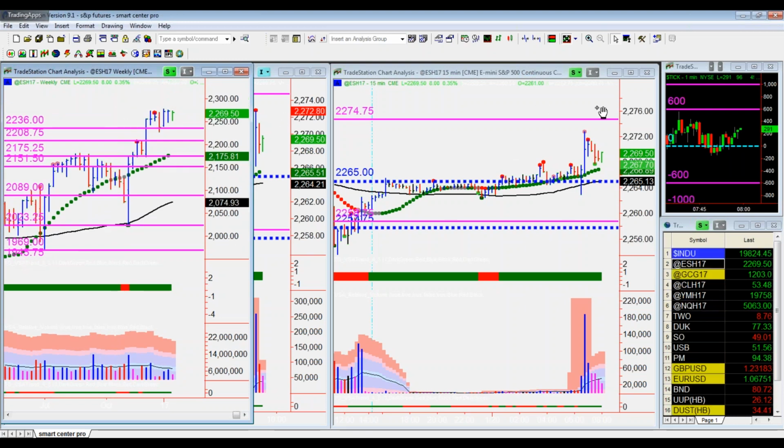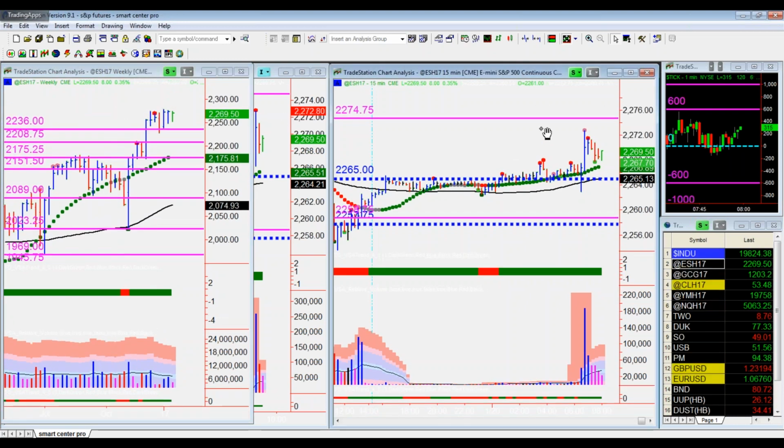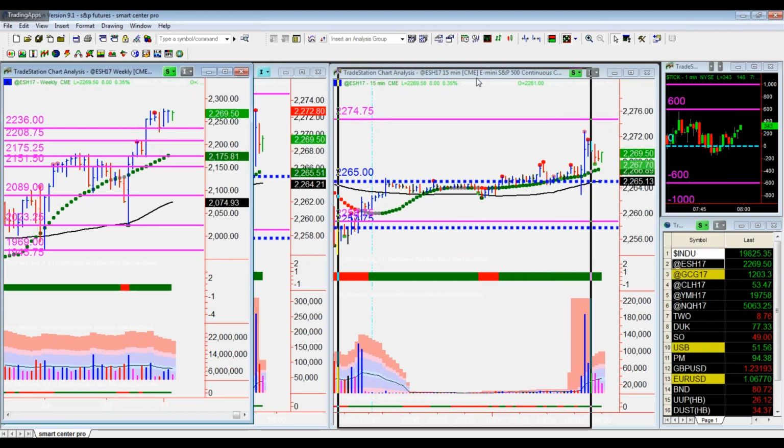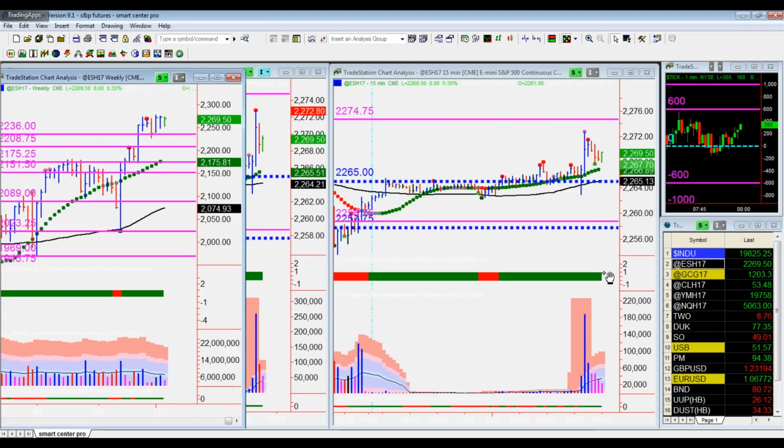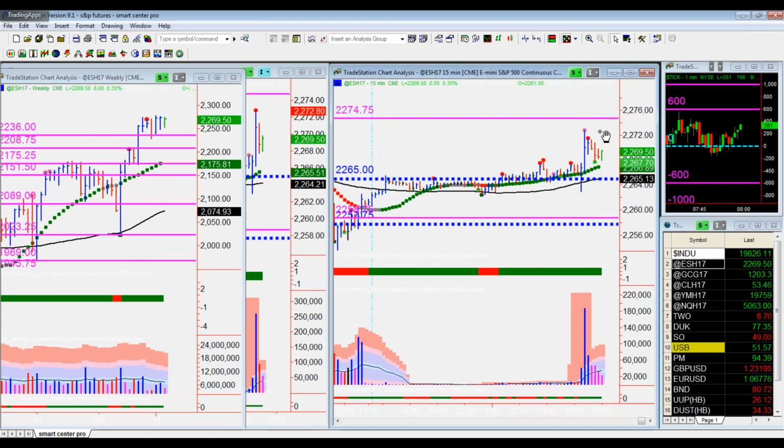I'm still looking bullish here on the 15-minute chart. How far will it go? Probably 74 and a quarter. If I take a breakout at 70 and a quarter, I'm looking at 4 points.